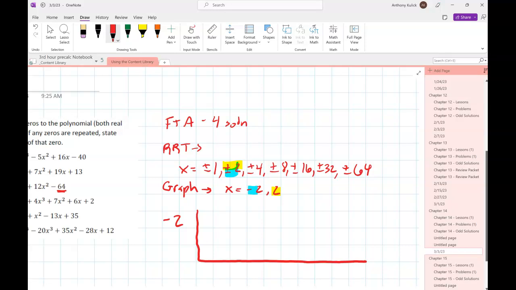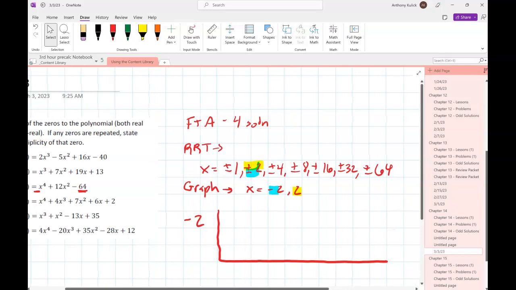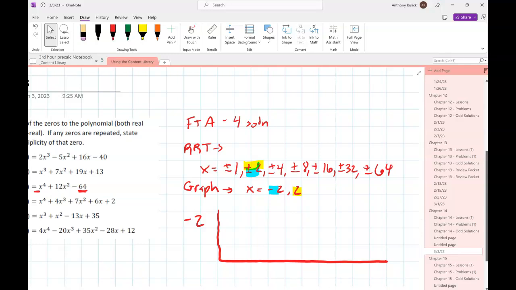So I'm going to start the setup for my synthetic division. To write the numbers on the inside, I have to be quite careful here, because if I look at my polynomial, I go from x to the 4th to x squared, skipping x cubed. And I also go from x squared to a constant term, skipping x. So I need to account for that.